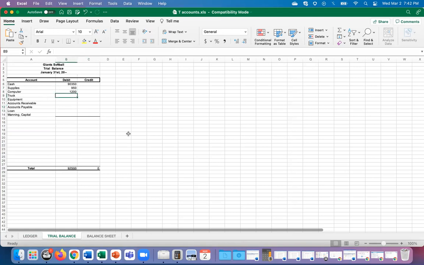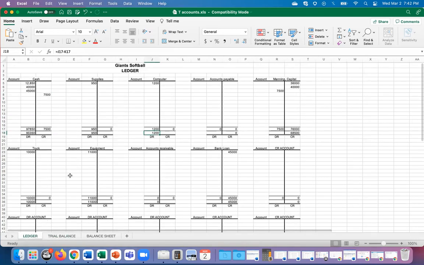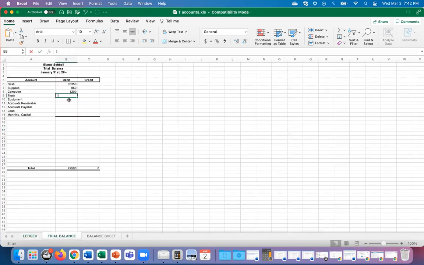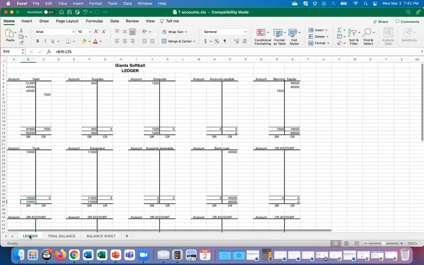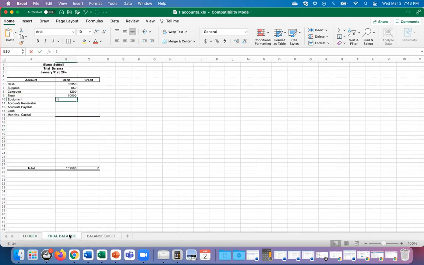So if you turn this in like this, I'll know that you're listening to this video on mute and you're just grabbing screenshots of what I was doing, right? Truck. Our truck account as it sits is 10,000 in the debit. Equipment was 11,000 debit side.